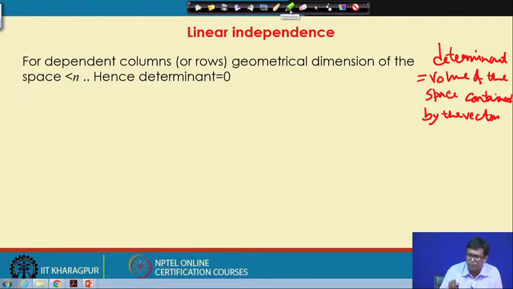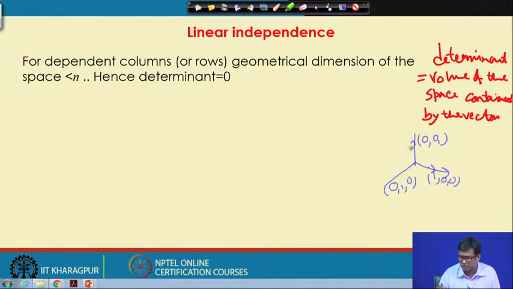So, if we have 3 independent vectors, for example 1 0 0 along i, 0 1 0, and 0 0 1, these are 3 independent vectors.